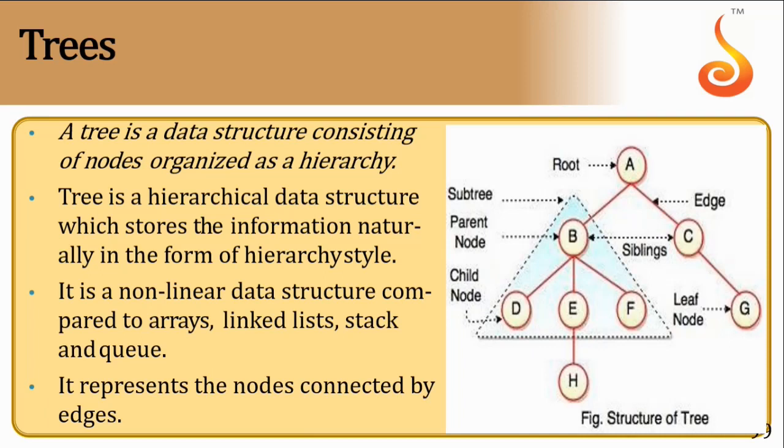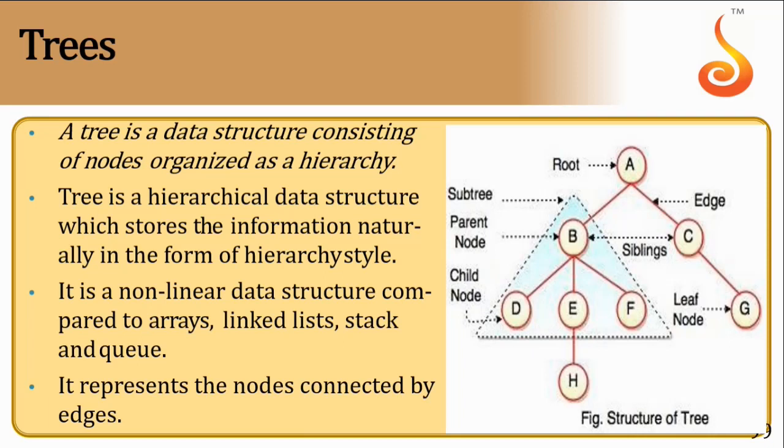A binary tree can be represented in sequential representation using a single dimensional array, or in linked list representation using a doubly linked list. Fine. So it's a non-linear data structure compared to arrays, linked lists, stacks and queues, because those are linear data structures, whereas trees and graphs are non-linear data structures wherein the elements have a hierarchical or parent-child relationship.